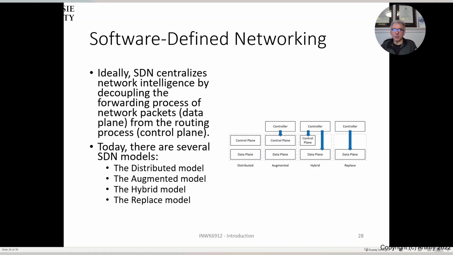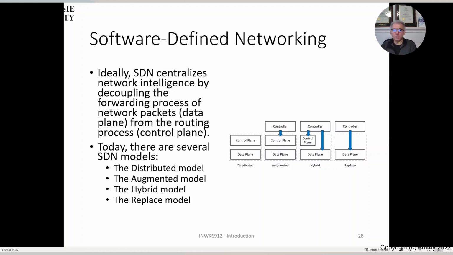In that case, it is distributed. So you know how all these routing protocols work. They talk to each other and they manage to decide where to forward packets based on certain parameters. That's the distributed model.